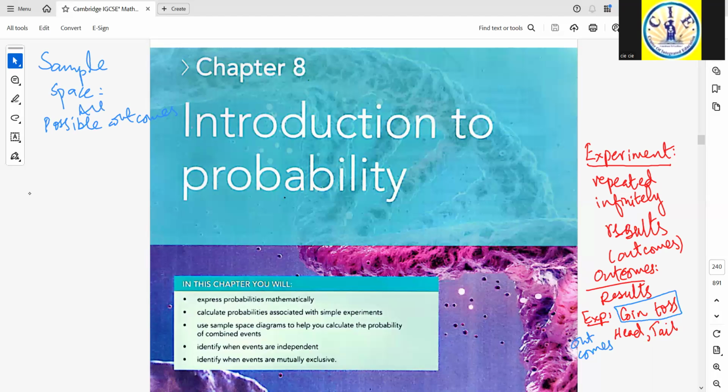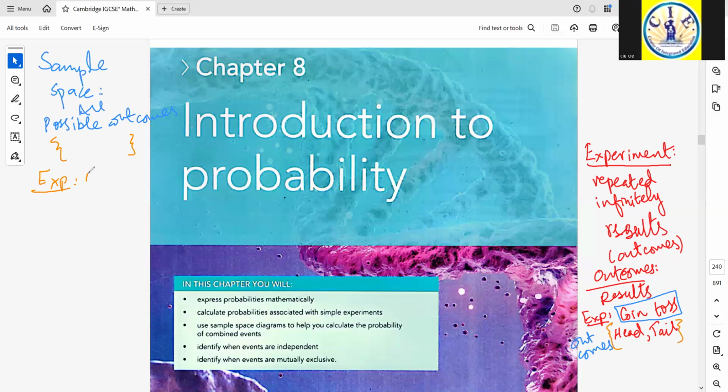Since it is a set, we represent it with curly brackets, and all the possibilities which may result as an experiment outcome are put in these curly brackets. For example, in the previous case, head and tail, if you make a set of that, that would be the sample space.